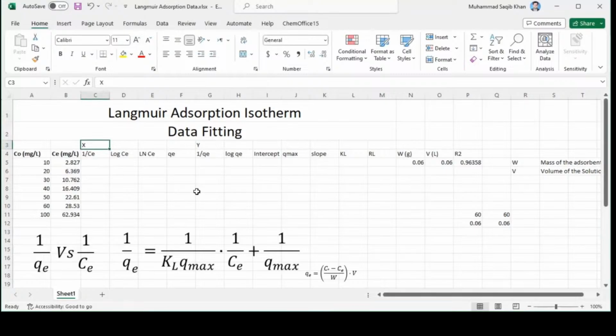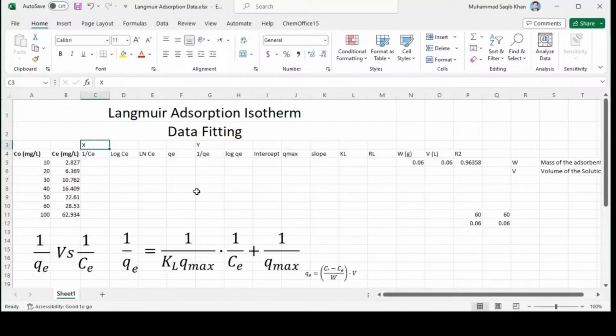So let's calculate this: 1 divided by slope multiplied by Qmax. It is 0.063. The KL value, or the Langmuir adsorption constant, is 0.06.